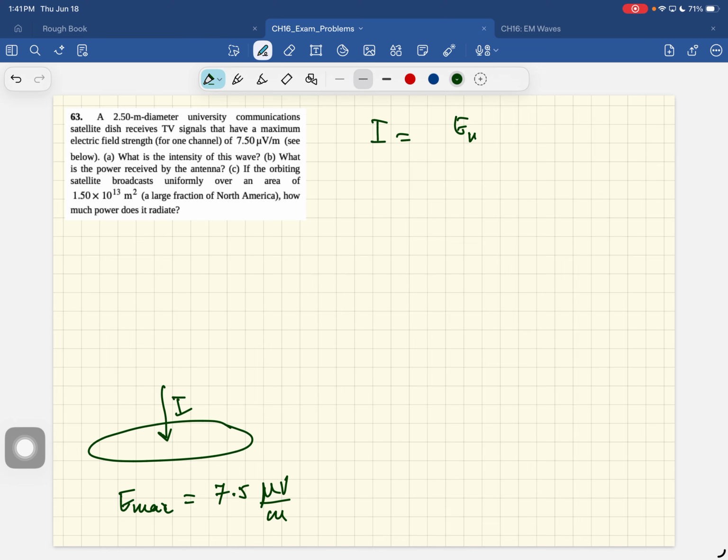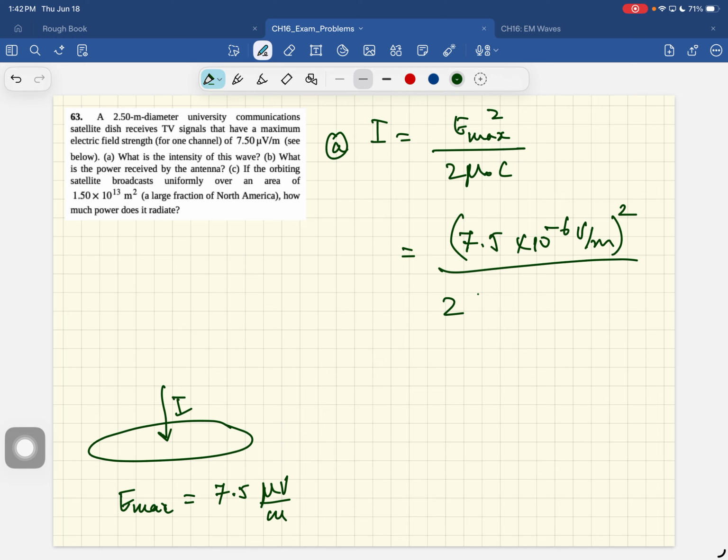Intensity is that, and if you multiply the intensity times the area of the dish, the power to the antenna is 400 times 10 to the minus 15 watts.